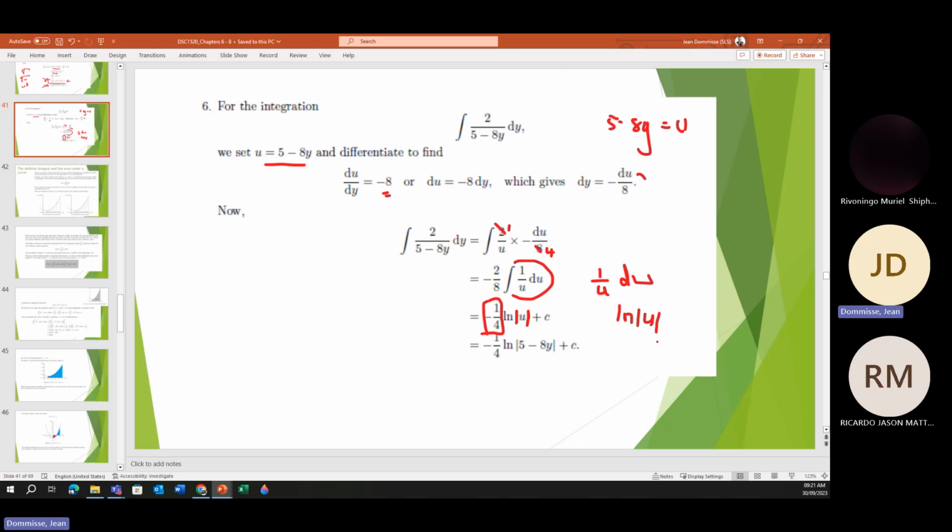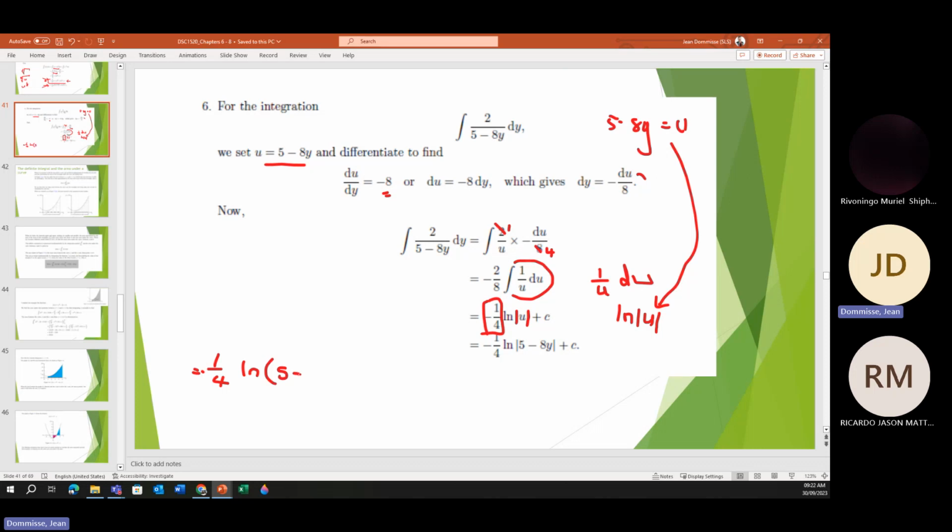So again, it's small things that are added that might make a difference in your final answer set. We will now substitute that, but you could have had in your answer set normal brackets instead of the absolute sign.